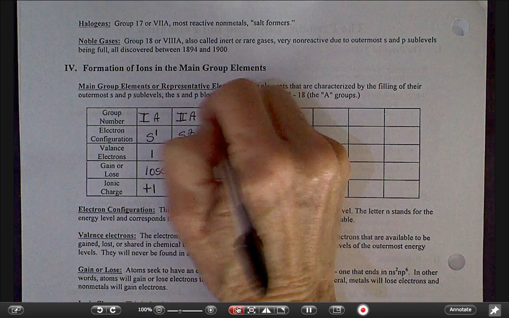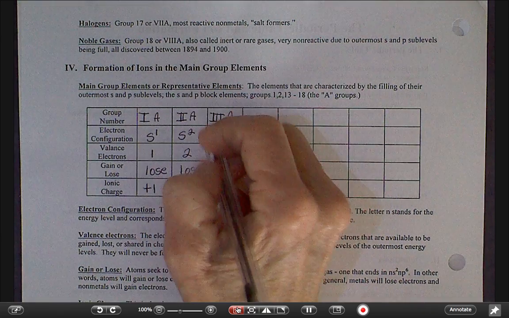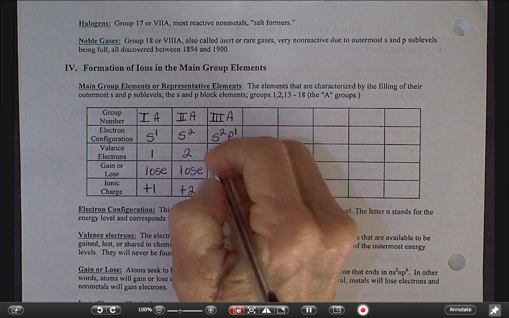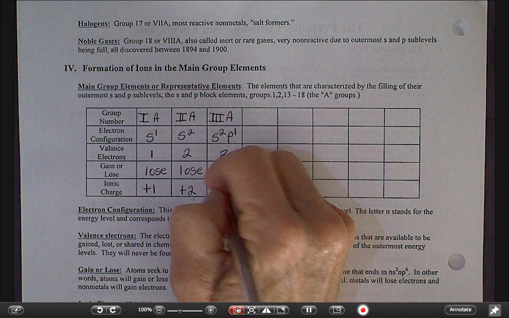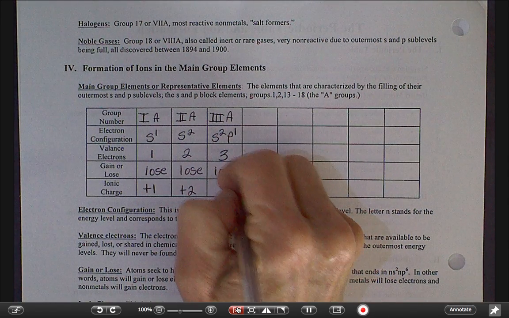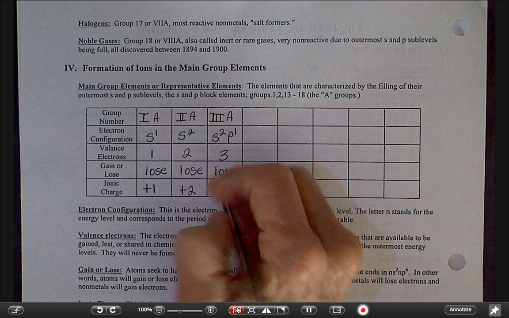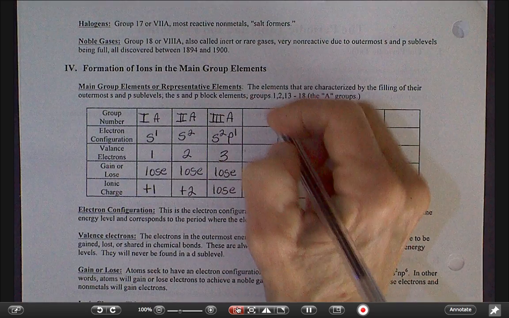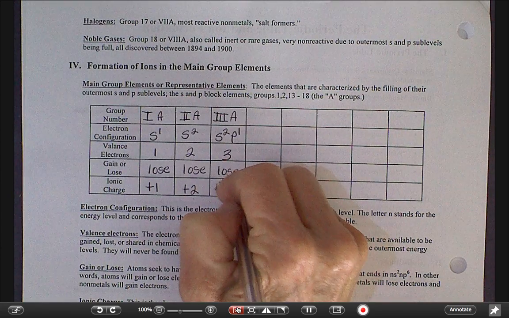Group 3A has an s2p1, have 3 valence electrons. They lose those electrons. Oh, sorry, +3.